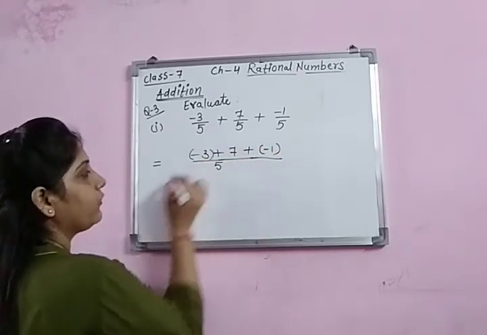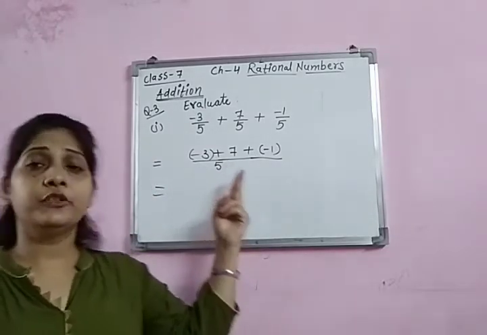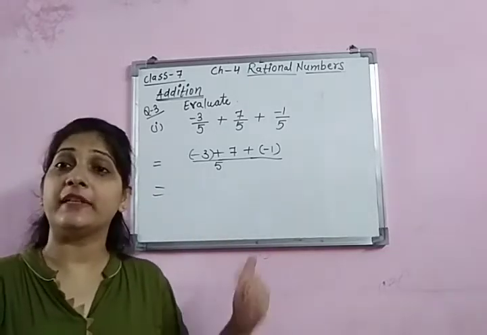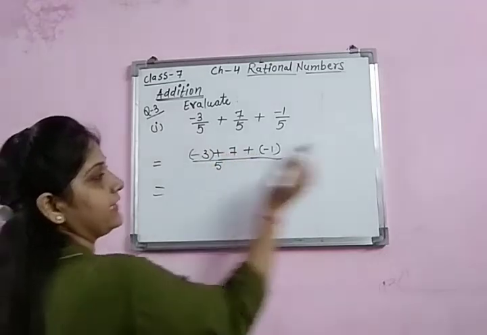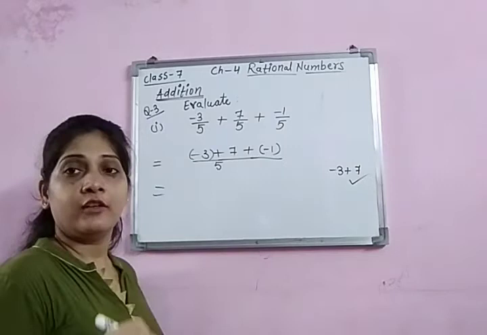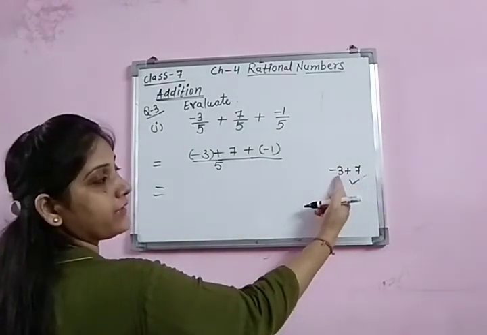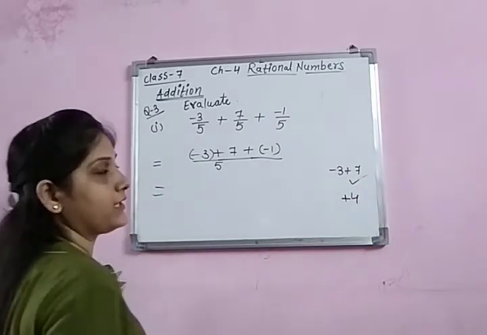Okay. Now what we have to do is up to us. You can solve any two numbers first of all. It's better if we are doing it in sequence. So I'm solving these two first, negative 3 and 7. When I'm doing negative 3 plus 7, what do you think? It is opposite sign, so subtraction. 7 minus 3 gives me 4. And 7 is bigger, so positive sign.